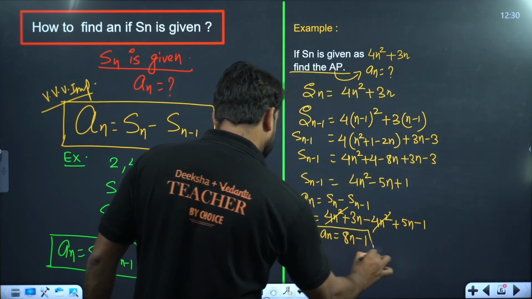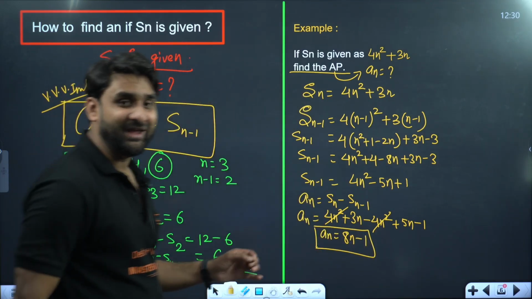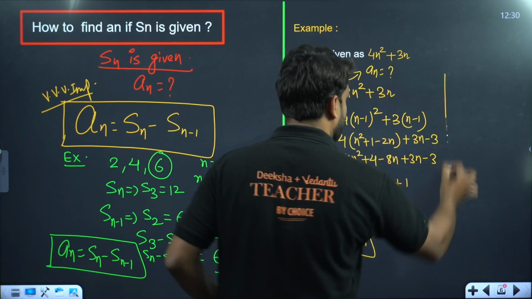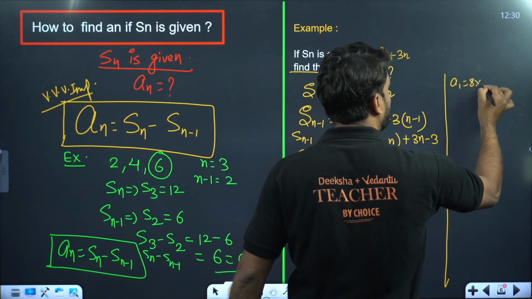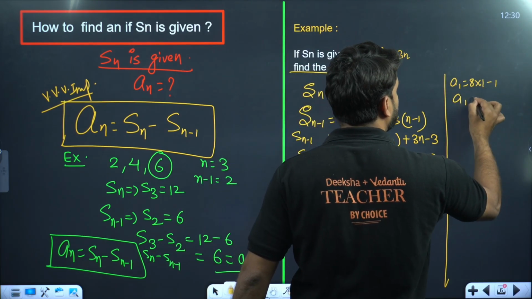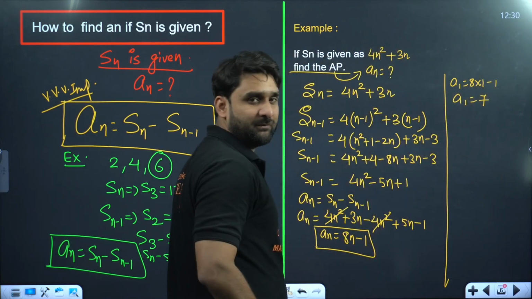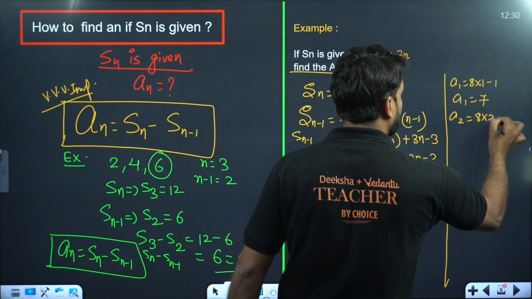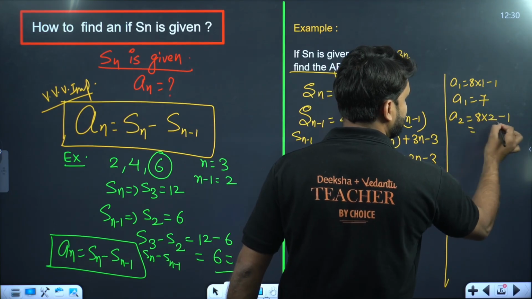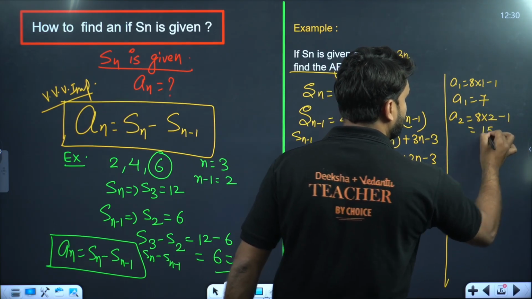So this is An. Once you get An, now you can find A1. A1 will be 8 into 1 minus 1, so this will be 7. First term is ready. Now A2 will be 8 into 2 minus 1, which is 16 minus 1, that is 15.